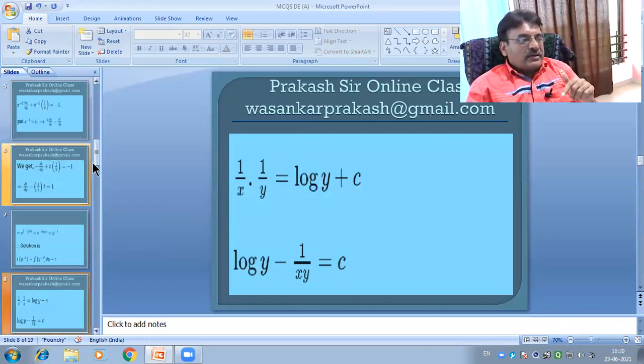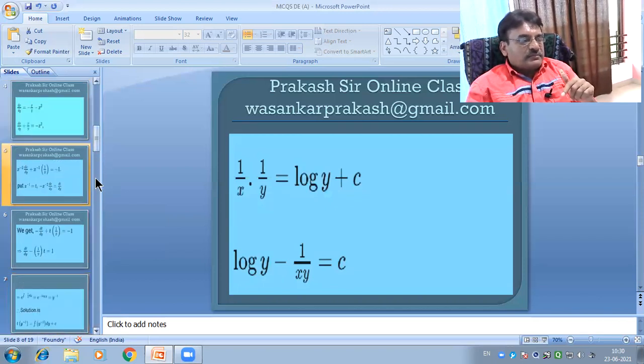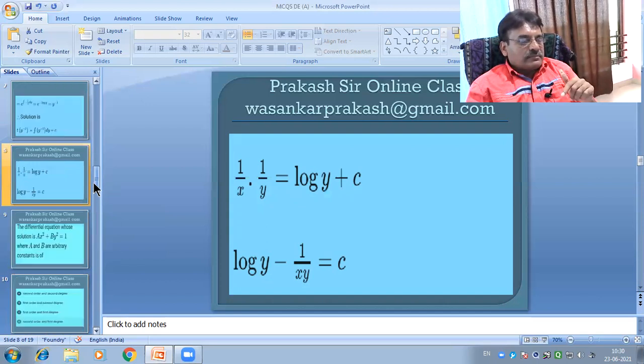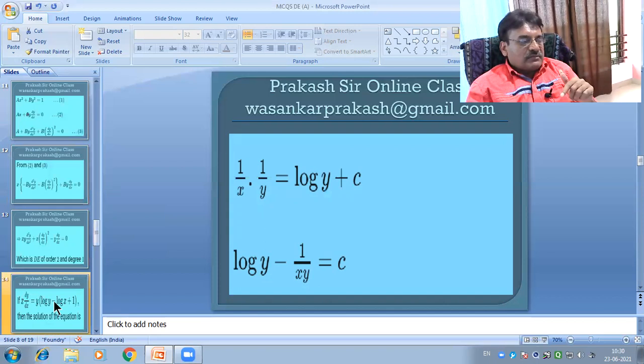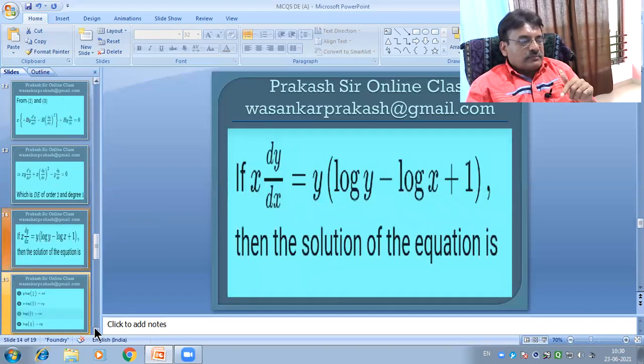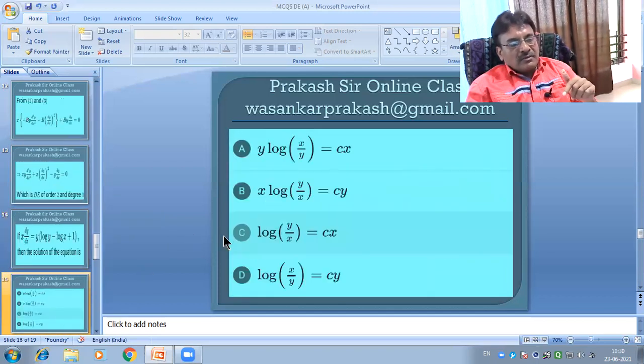Therefore here the correct option is log y by x equal to cx. So C is the correct option.